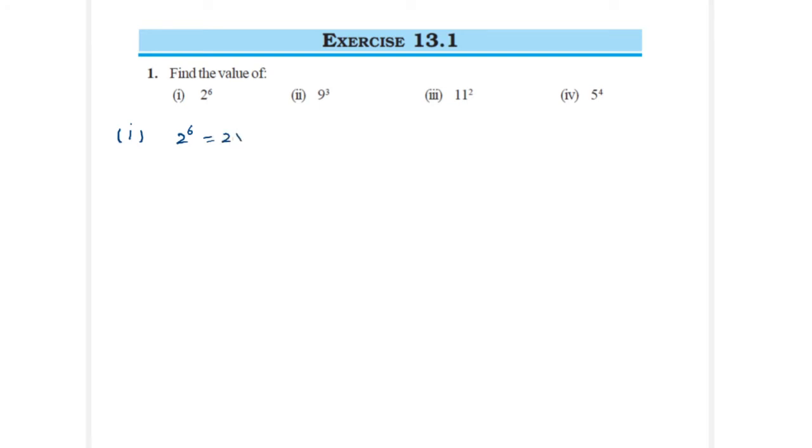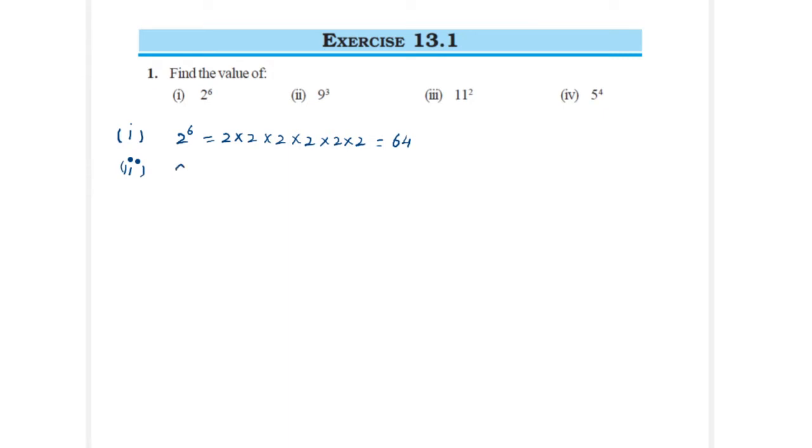Multiply it: 2 into 2 into 2 into 2 into 2 into 2. Multiply it. What will you get? It is 64. This is your answer.